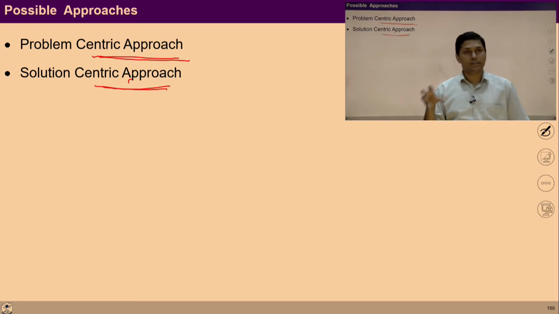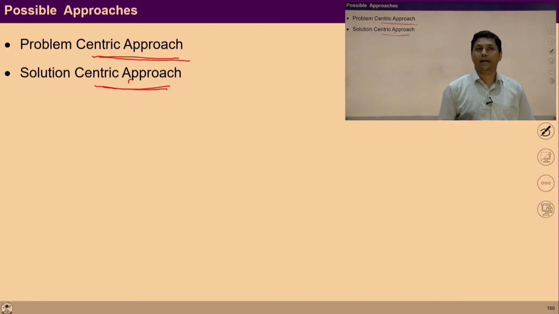In the solution-centric approach, we are generally trying to understand how we can ensure a fulfilling life for ourselves and all, and then work for such a living in our day-to-day life.